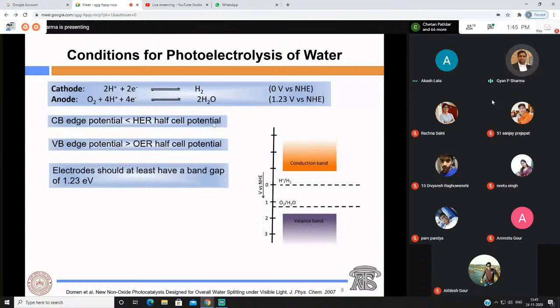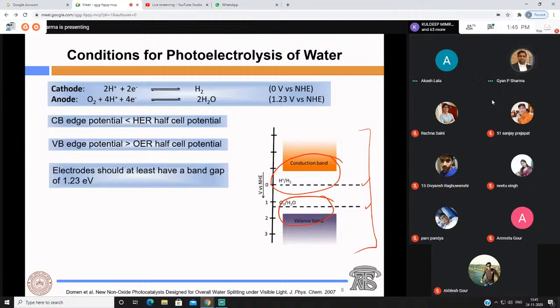So if a material is capable of producing hydrogen as well as oxygen both, likewise shown in the configuration, then we can use the same material on the anode as well as the cathode. On one side, let's say the anode, it can produce oxygen, and on the other side, it will produce hydrogen.